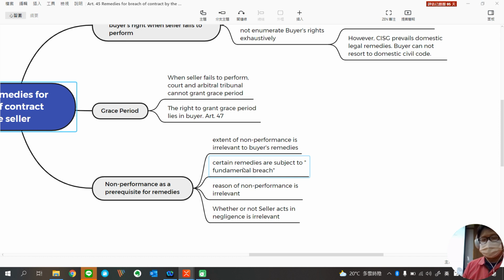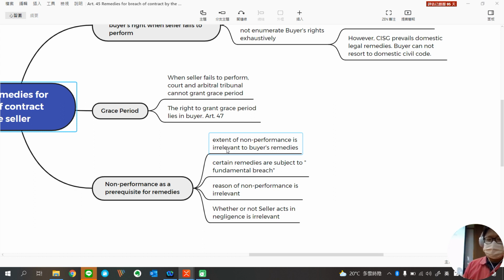Whether or not the seller acts in negligence is irrelevant. Let me explain in detail. If the non-performance is to a great extent, that is non-performance, no problem. But even if the non-performance is to a very small extent, in a very small scope, it still constitutes non-performance.